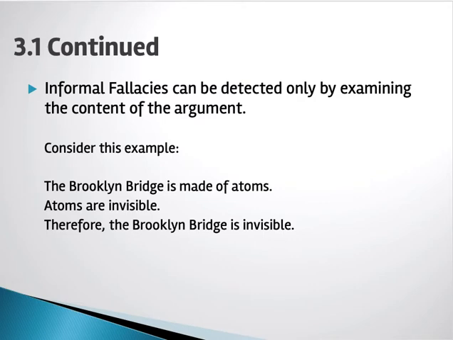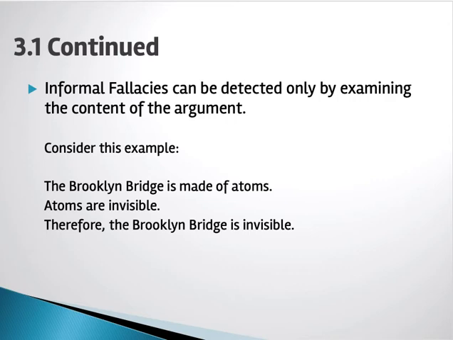In this chapter, we're going to be talking only about informal fallacies. Informal fallacies are bad inductive arguments. But with inductive arguments, to determine whether it's a fallacy or not, we need to look at the content of the argument. So here's an example.